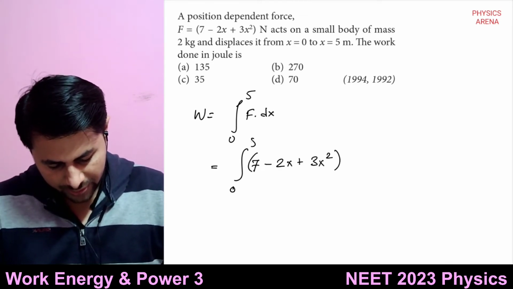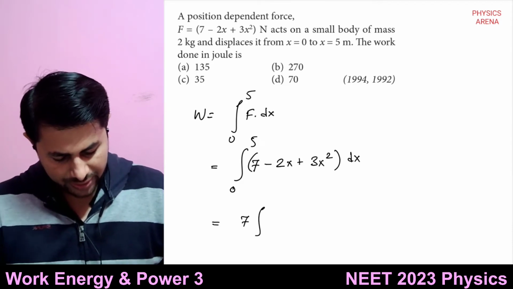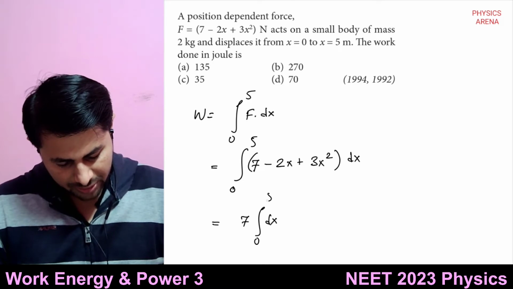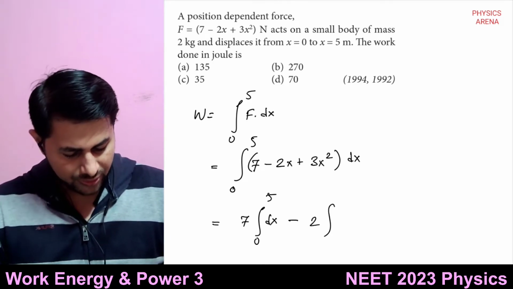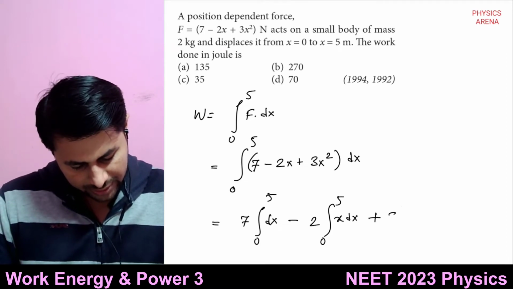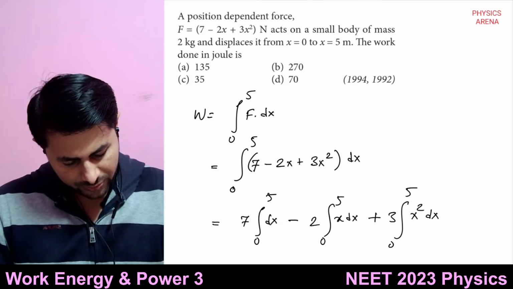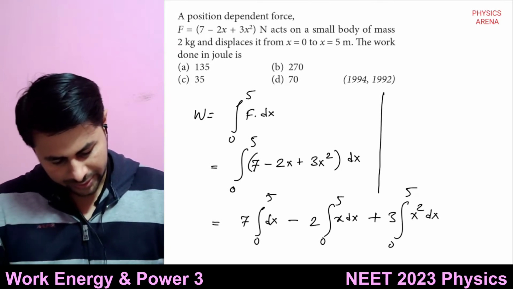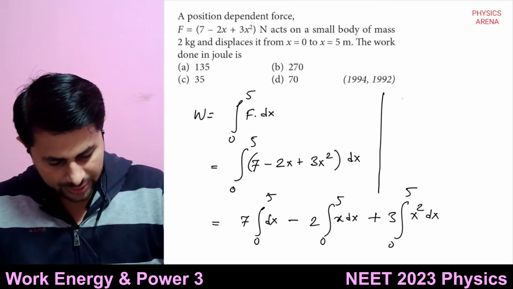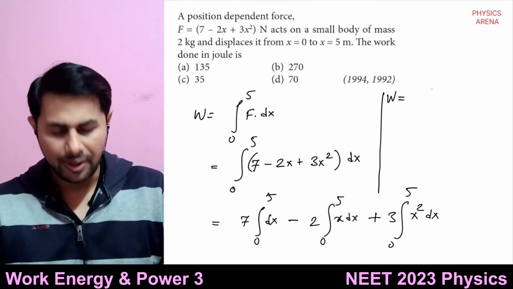Okay, from 0 to 5 dx, and it's equal to 7 you can take out, integral of dx from 0 to 5, minus 2 you can take out, x dx from 0 to 5, plus 3 you can take out, it is x square dx from 0 to 5. All right, so work done is equal to integral of dx is x, 5 minus 0.